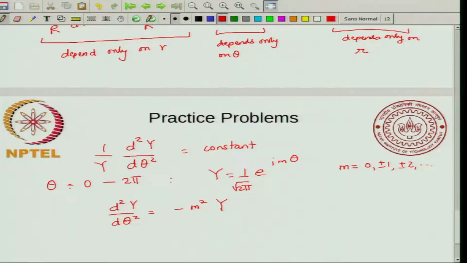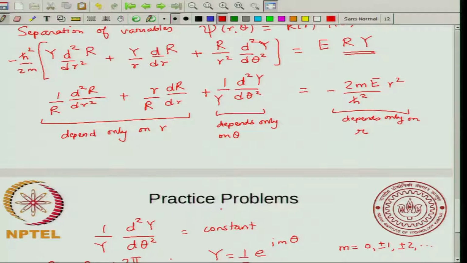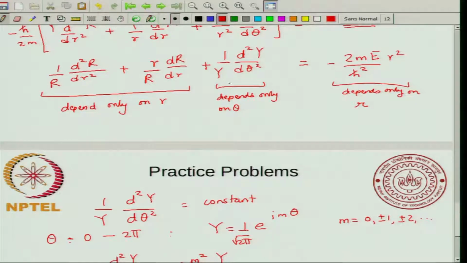So now you can take this and substitute it in this equation, and you can replace this whole quantity by just minus m square. And for convenience let me just call this alpha square, it is a positive number.